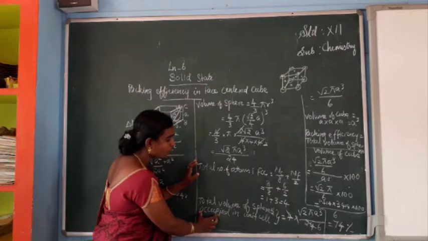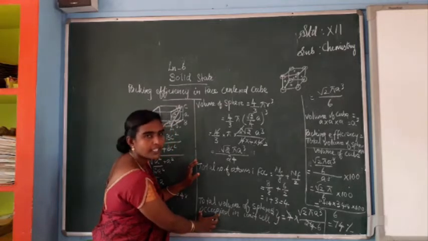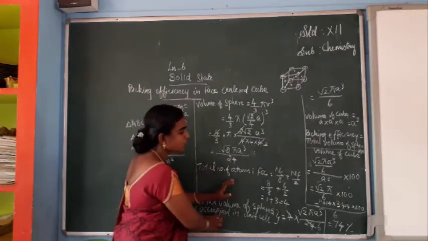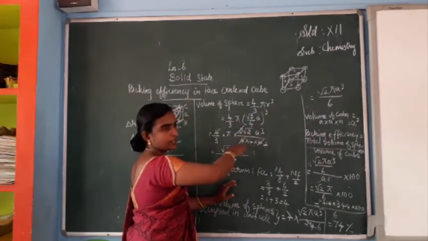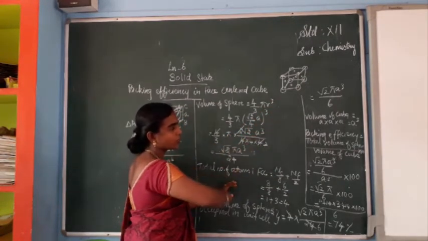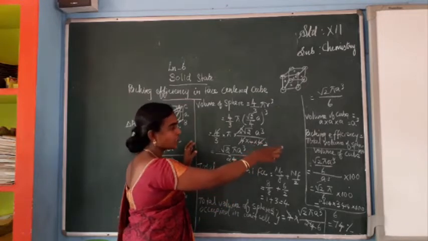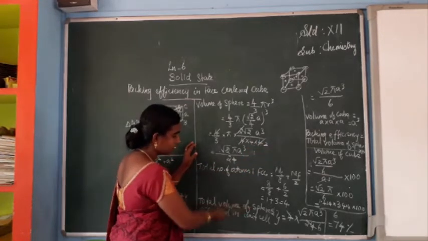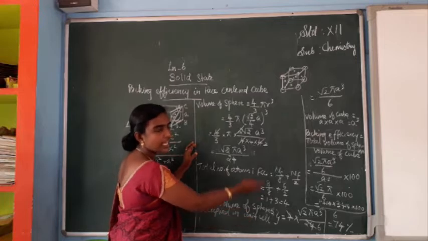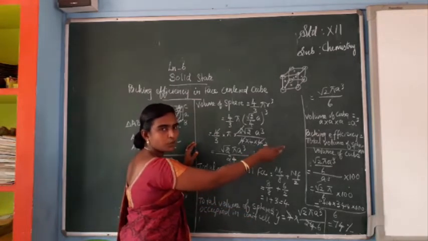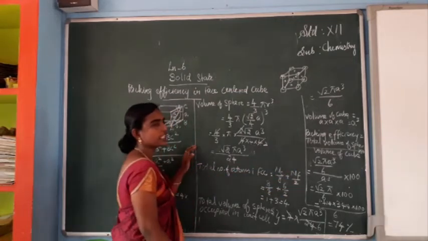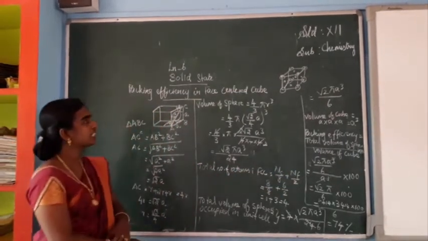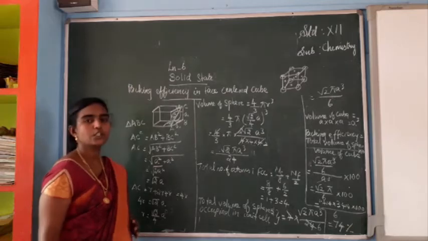It will give the total volume of spheres occupied in one unit cell. Okay. So you are getting root 2 pi a cube divided by 6. The volume of the cube is a cube. Packing efficiency is equal to the total volume of spheres occupied in one unit cell divided by the volume of the cube, into 100. It will give the value 74%. So it's the packing efficiency in the face-centered cube.